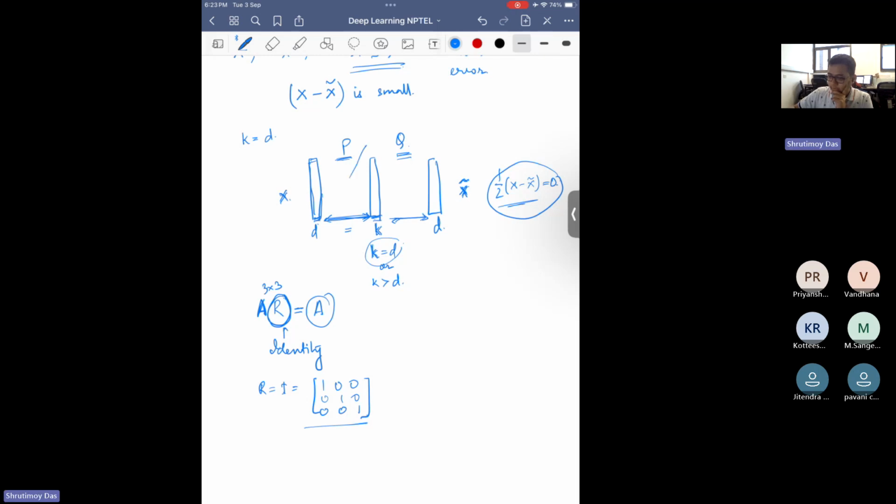This will be the identity matrix, and this will again be an identity matrix. Basically you are not doing anything: x gives Ix, and again you do Ix and get x, which is x prime, equal to x.